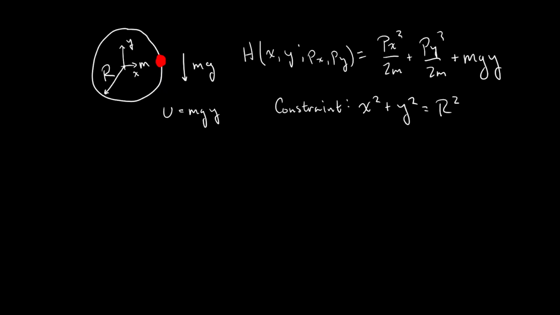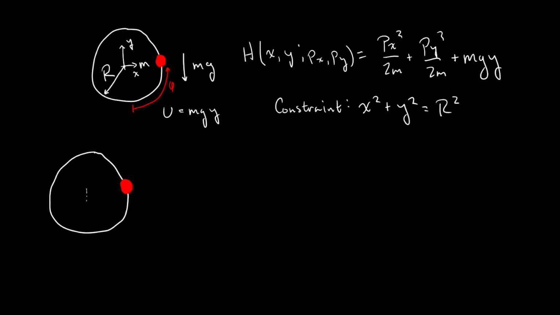Okay, so these obviously aren't the most convenient coordinates that we could be using. We have this really nice symmetry of this circle, and we aren't using it at all. So let's switch to a coordinate system which does use this, namely polar coordinates. We will measure where the bead is from its angle to the bottom, so we'll call that phi. Things are getting a little bit messy there, so I'll redraw this.